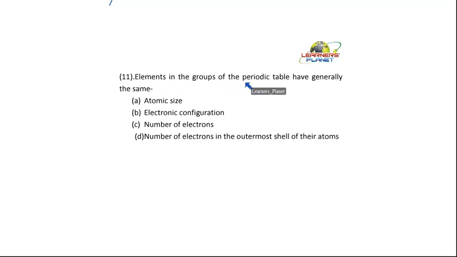Now let's take up our next question. Elements in the groups of the periodic table have generally the same what? What is the similarity in them? If I arrange the elements of the second group, they are beryllium, magnesium, calcium, strontium, barium and radium. These are in the second period, third, fourth, fifth, sixth and seventh.